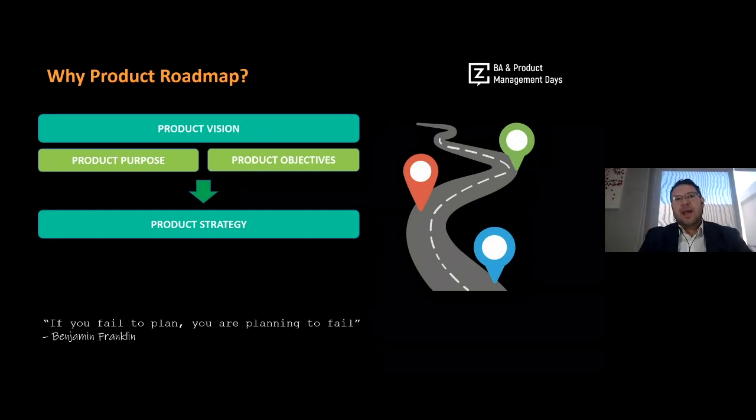And then the next step is obtaining the product strategy. And this is the path to accomplish product objectives within the limits of product purpose. We need to think what problems we are solving. One example about a quotation system.